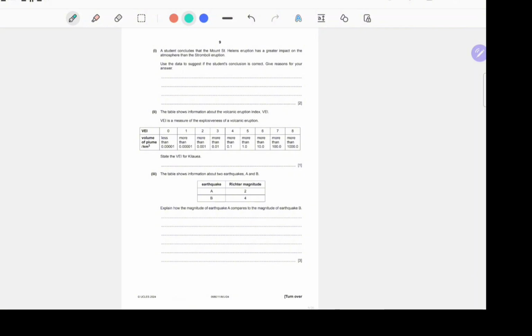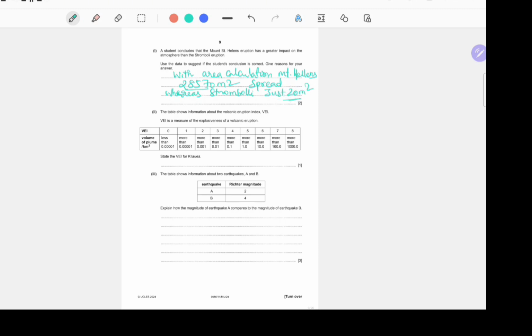So with this data I conclude that Mount Helen, with the area calculation of how much it spread, is 28570 meter square spread, whereas Stromboli is just 20 meters square.